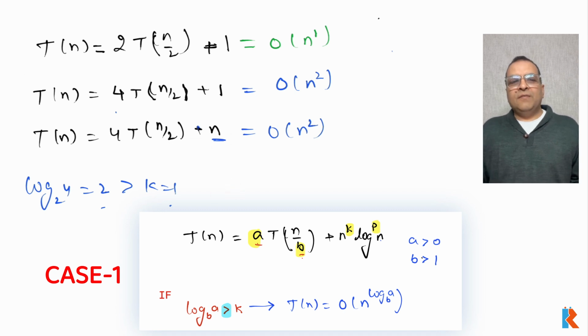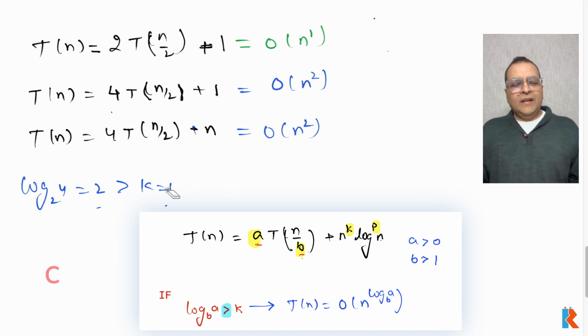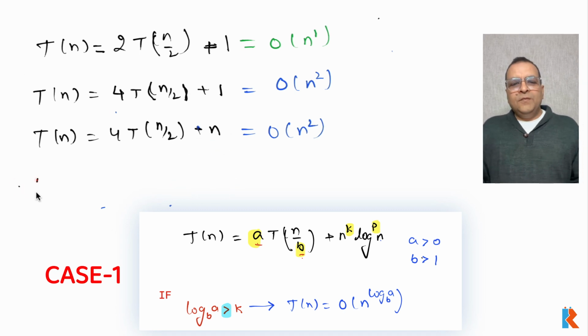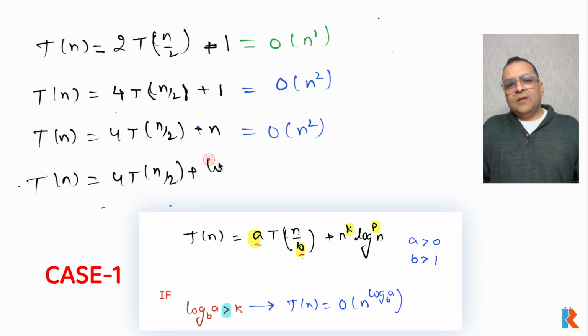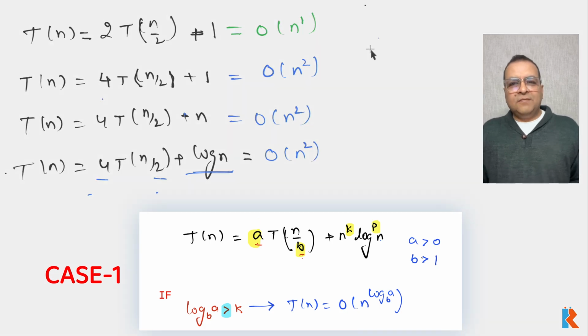The difference between them will be in terms of their constant factor and not in asymptotic terms. What if you have an equation like this? T(n) is 4T(n/2) plus log n. Again, log of a to the base b is 2 and here k is 0. p is 1 but k is 0. So again the time complexity will be big O of n square. So this is the first case.